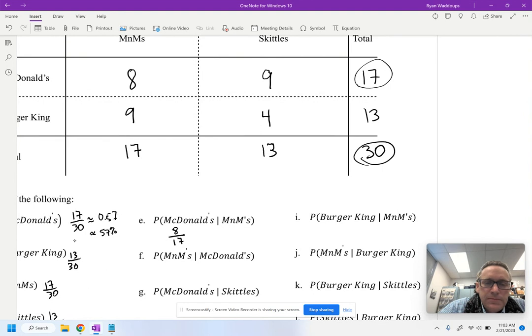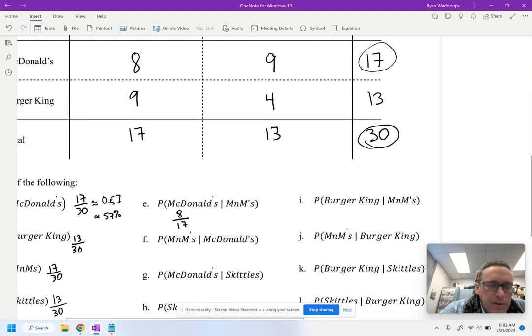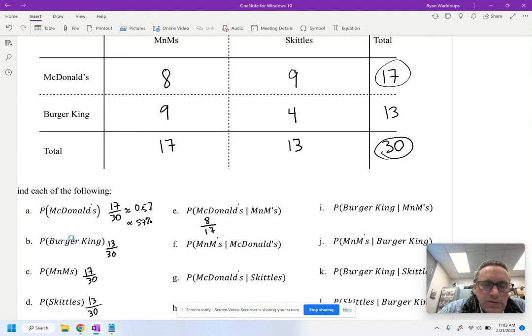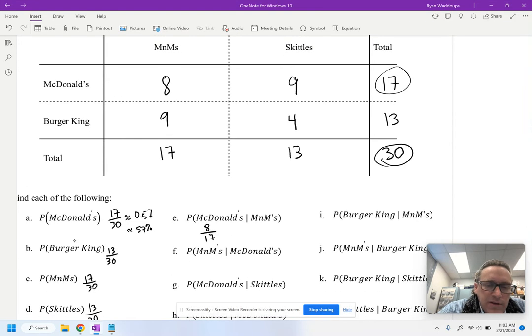The probability of M&M's, given that they chose McDonald's: M&M's and McDonald's, that'd be 8, but this is out of those that chose McDonald's, and that'd be out of 17. So it's the same in this case, but only because this number of McDonald's and this number of M&M's is the same. Those won't always be the same.